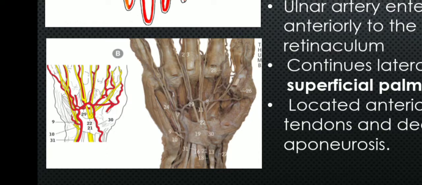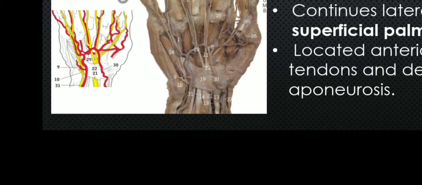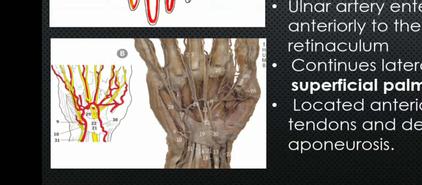The perforating arteries connect the palmar digital branches of the superficial palmar arch with the dorsal metacarpal arteries, and the recurrent branch arises from the concavity of the arch and passes proximally to supply the carpal bones, whereas around somewhere here it turns around to supply the carpal bones and ends in the palmar carpal arch.